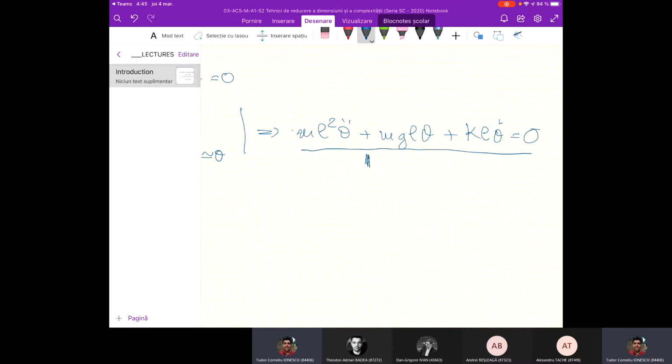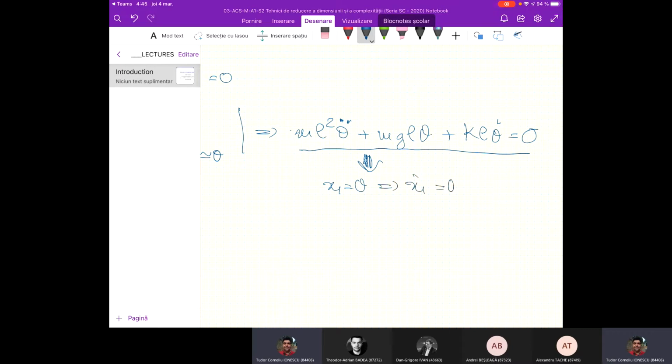Now, if you want a first order model with A, B, C, D, you don't want second order differential equations. You take x1 equals theta, then x1 dot is theta dot, which is x2.